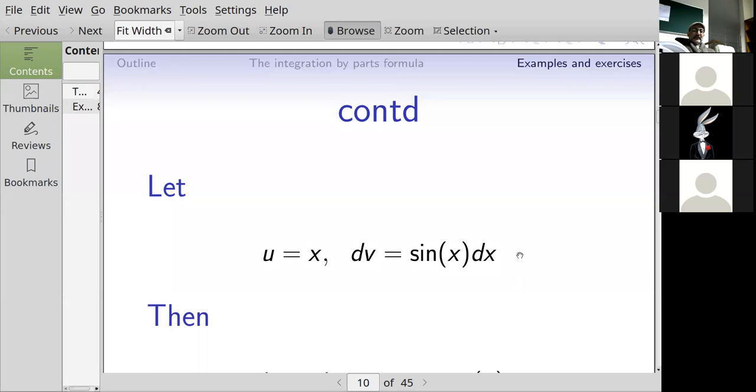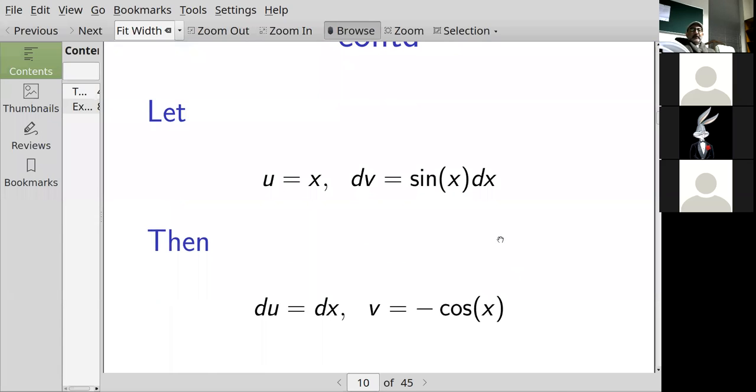So we had x sine of x dx after the integral sign. If I let u equal x, then what's left over is dv, which is, in this case, sine of x dx. Now, if u is equal to x, then du equals dx. And if I said that dv equals sine of x dx, that's supposed to be the differential of some function v.